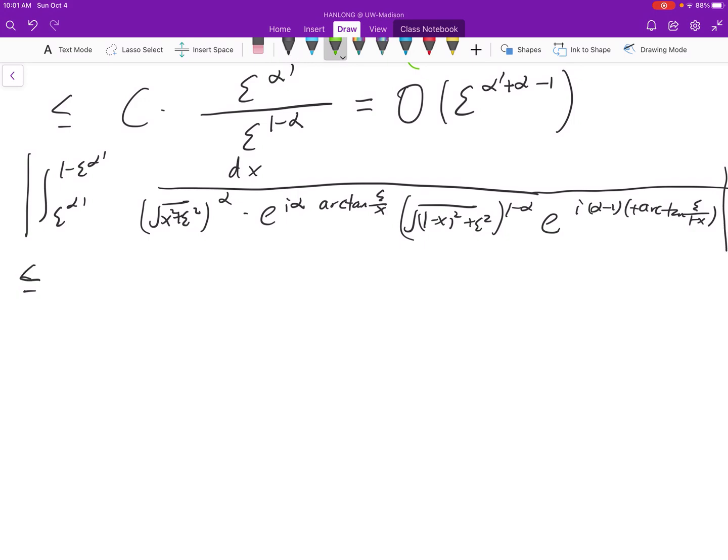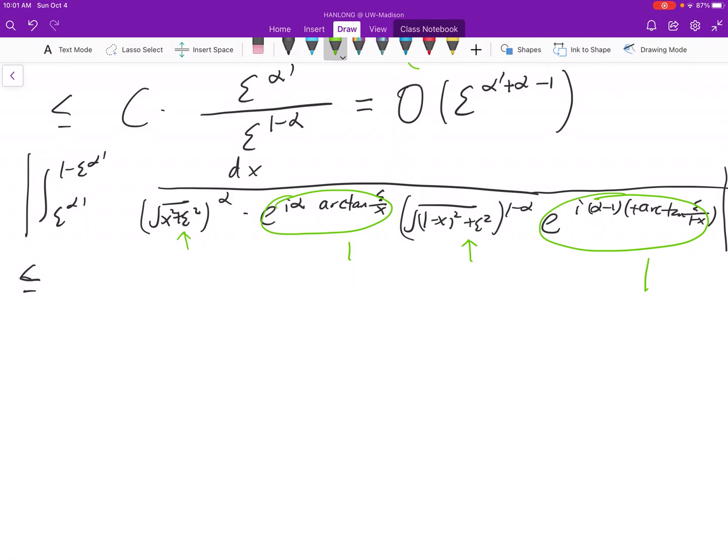And let's look at this. This is bounded by 1. This is also bounded by 1, and for those parts, we do the following trick.